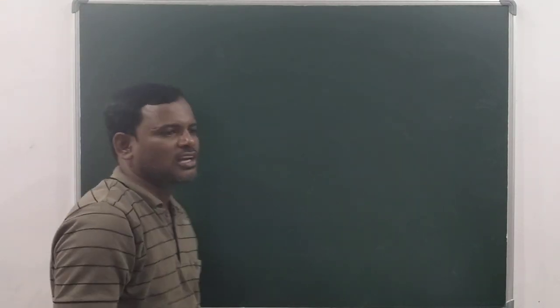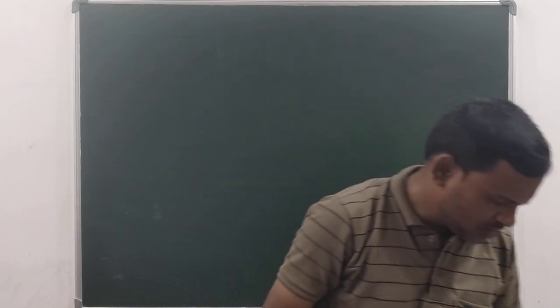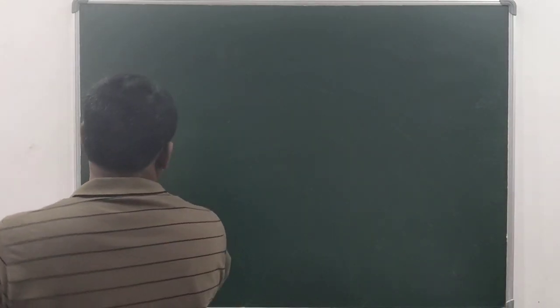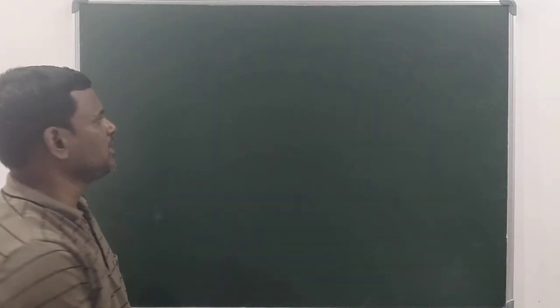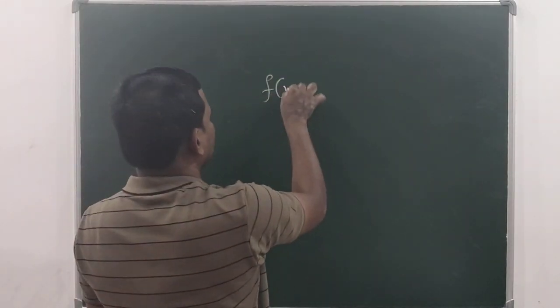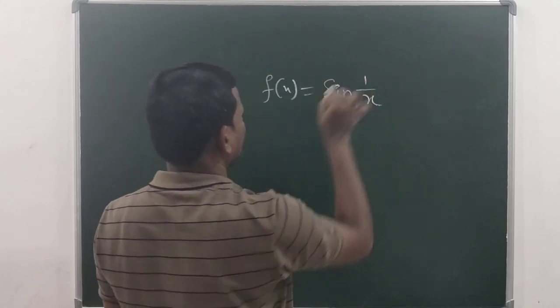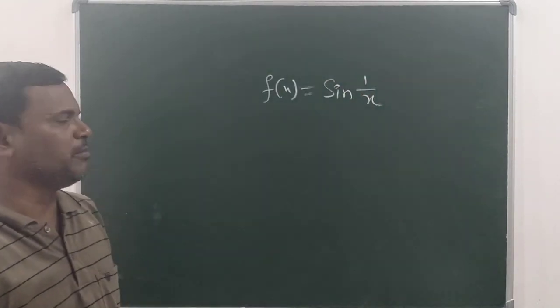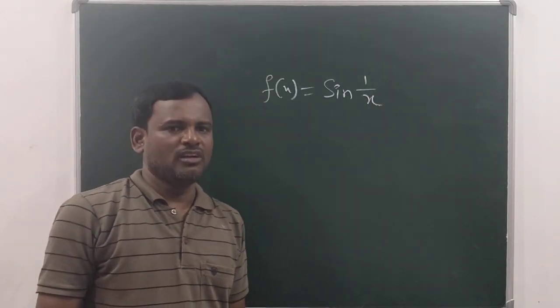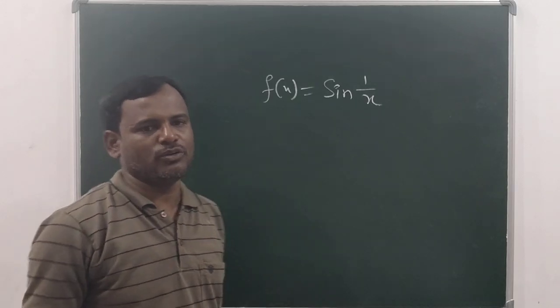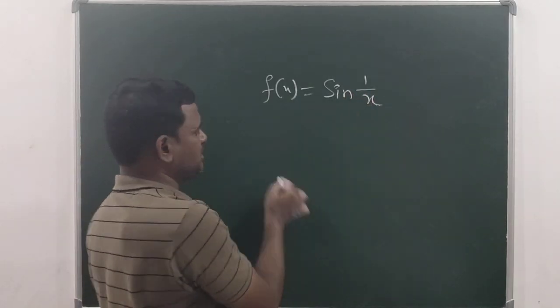Now let us go to the oscillatory discontinuity. Students, I will explain it along with one example. f of x equal to sin of 1 by x. You know the range of sin x is -1 to 1, but here not x, 1 by x is given.